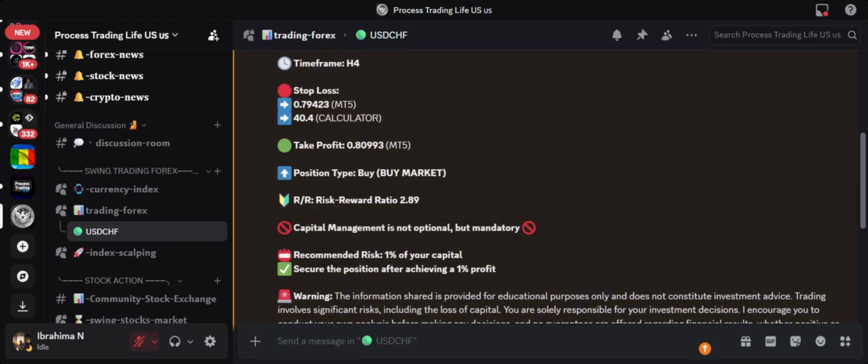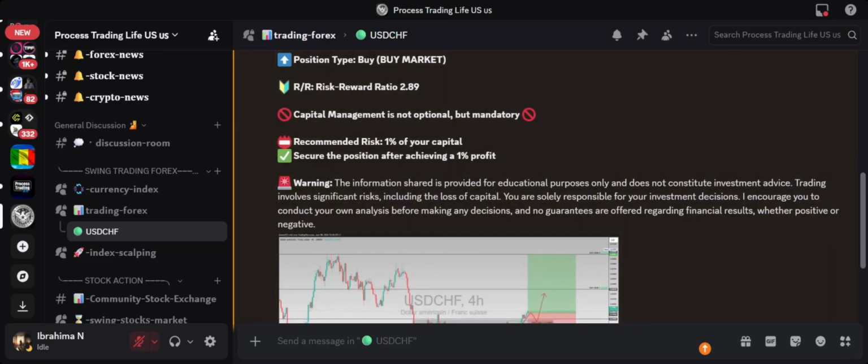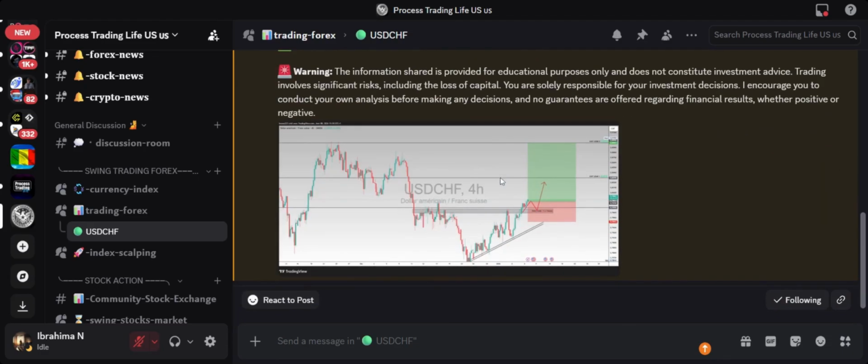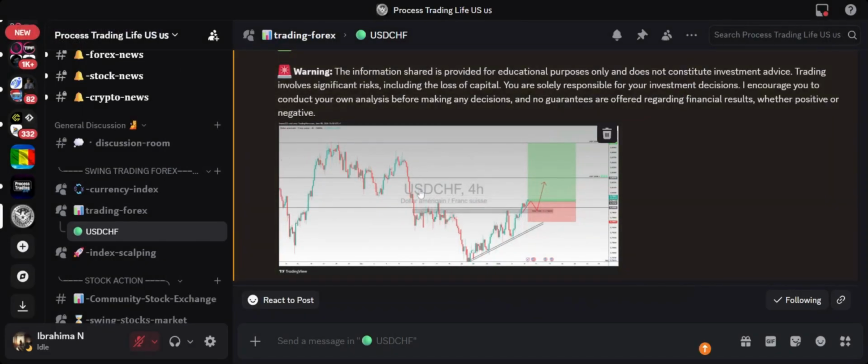Here we have the take profit, which is notified. Here we have the type of position, so it's a buy. We have the RR, and here there's a reminder about risk management: always risk 1% according to the trading plan. And here we have the screenshot of the position entry with the date and time. So that's how I post my analyses on my private Discord.